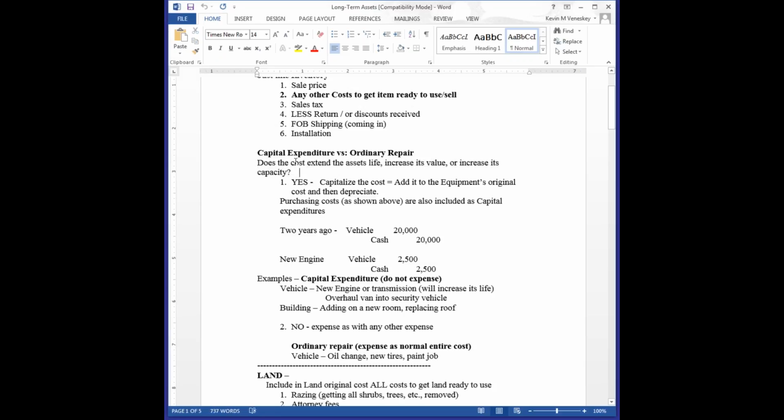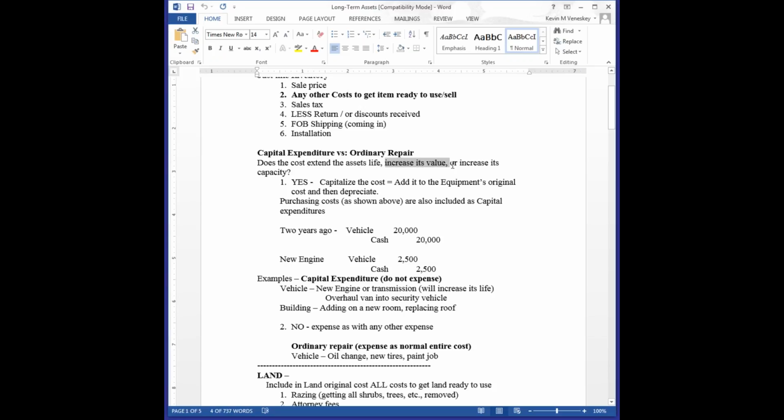So does whatever you bought for the asset extend its life? Think about a car and putting in a new engine. Putting in a new engine is going to make that car last longer, most likely. Without getting that new engine, it's probably not going to last very long at all. So we would answer yes to that question, and therefore that would pretty much guarantee us that this is a capital expenditure.